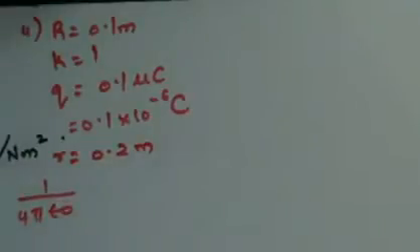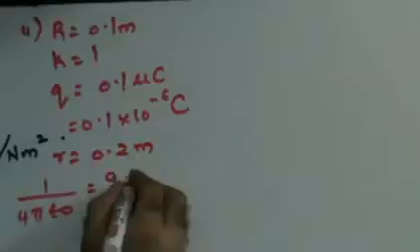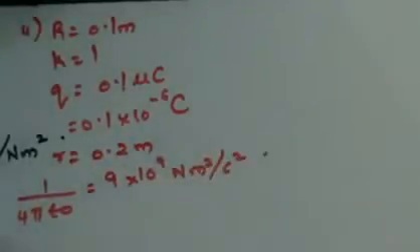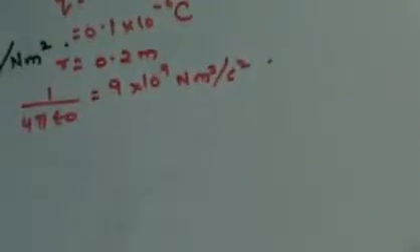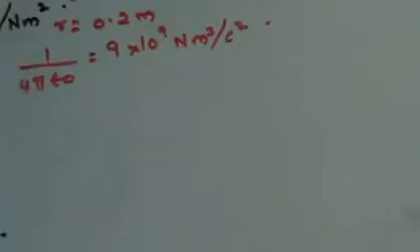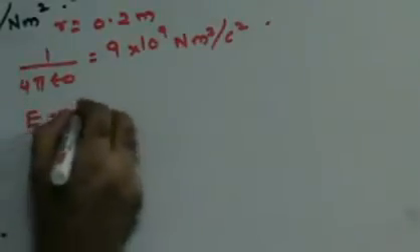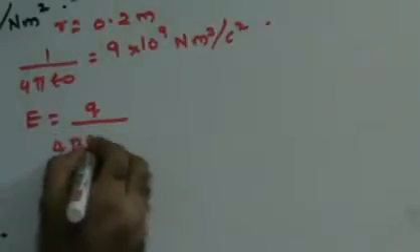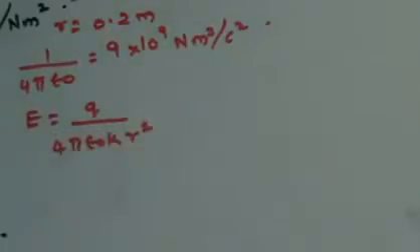If 1 upon 4 pi epsilon 0 is 9 into 10 raised to 9 Newton meter square per coulomb square, right? Now, electric intensity is given by the formula Q upon 4 pi epsilon 0 K r square.